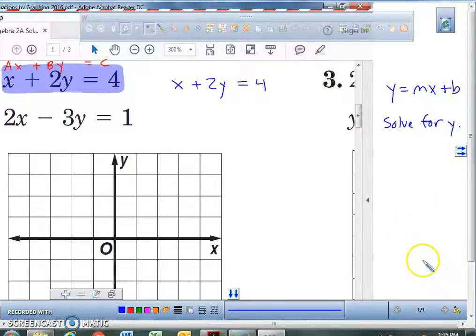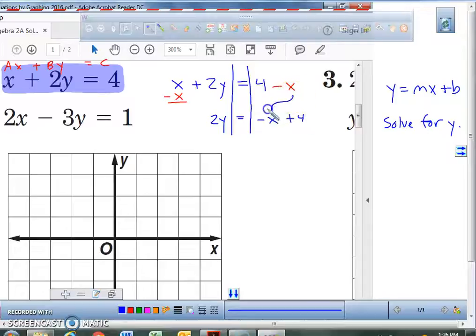So if we wanted to solve for y, the first thing you're going to do is isolate the y variable. So what do we got to do to get rid of this x over here? Subtract them from both sides, right? So I'm going to subtract an x from this side, and I'm going to subtract an x from this side. And we have 2y equals negative x plus 4.